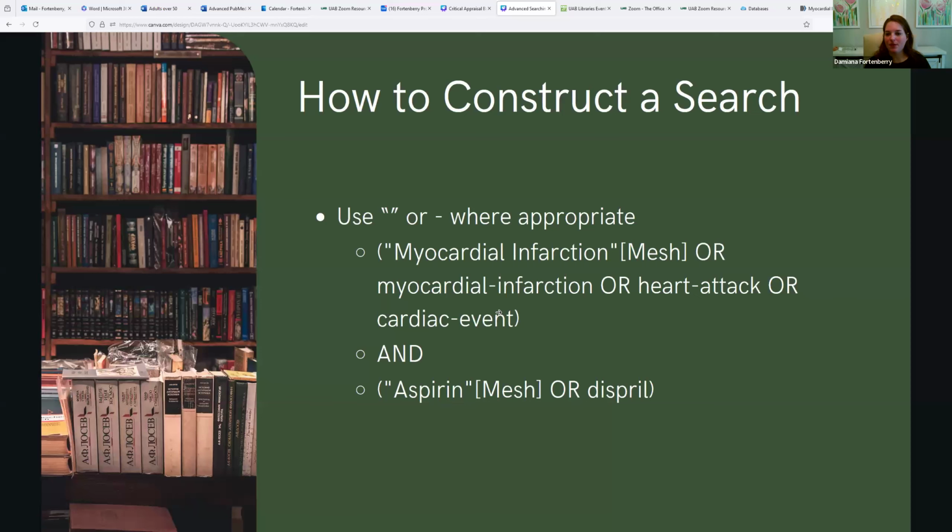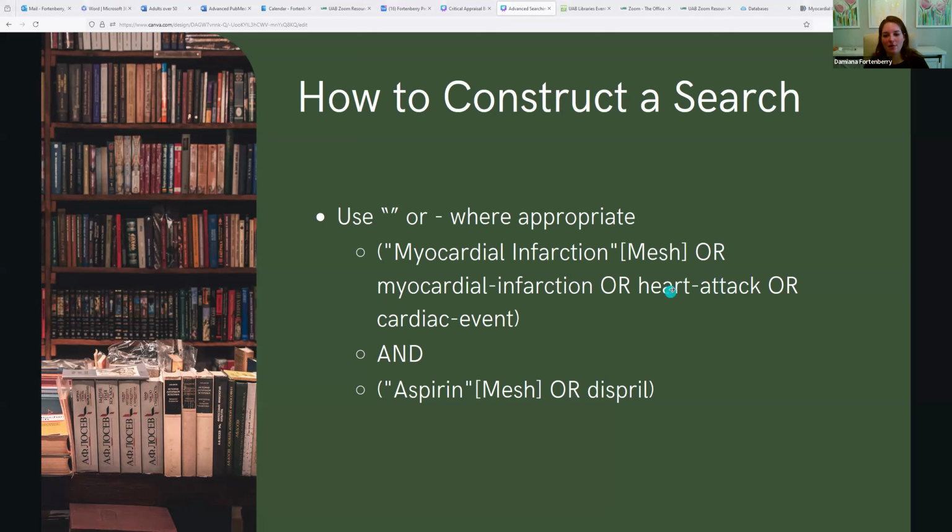They may not be. A better example might be heart attack. If there's no dash here and no quotations around the term or the phrase, it will bring back articles on heart. It might bring back articles on attack, which means you could get articles on heart attack, or you could get articles on dog attacks or dolphin attacks or heart transplants or anything to do with just these two words, but treated totally separately.